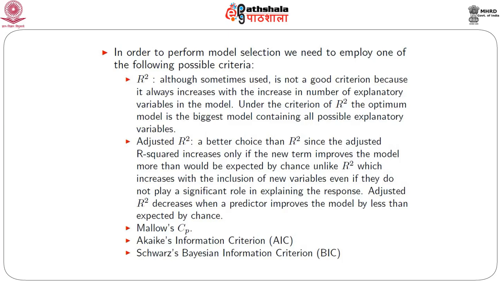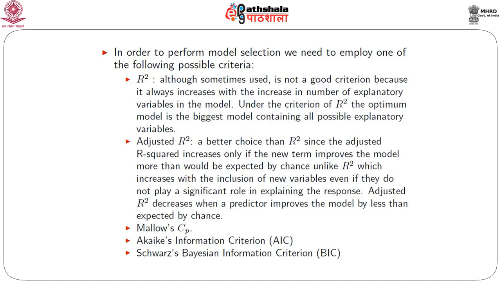In other words, a model which contains 5 predictors, 3 of which are insignificant, would still have an R square greater than the one for the model with 2 significant predictors. Thus, basing our criterion only on R square would mean that we will end up selecting a model that has a large number of insignificant predictors and a large number of redundant parameters.